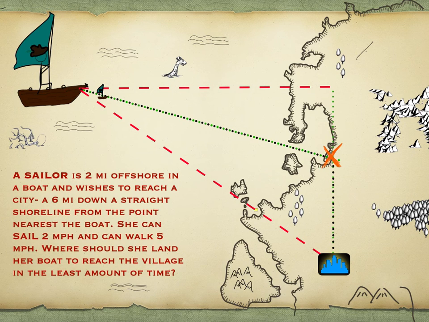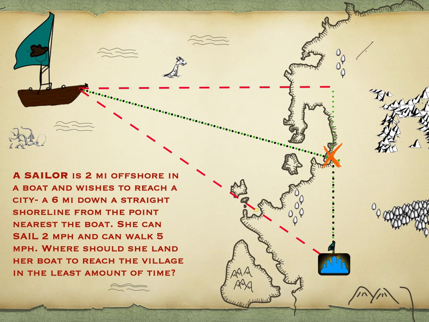So maybe if we put that x all the way down to where that city is, maybe it's a lot quicker if she just lands there and walks that little piece to the village. Or if we put it all the way up at the top of that triangle on the right below those trees, maybe that would be the place that would be quickest. So there's her route right there.